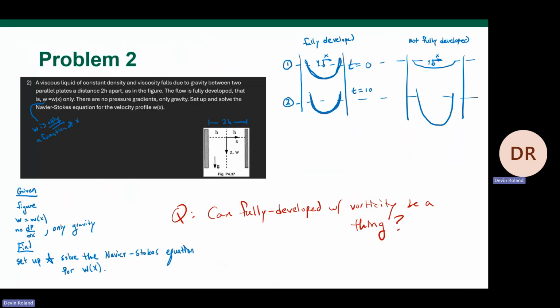Okay. So what I'm going to do is fully write out the 3 dimensions of Navier-Stokes, x, y, and z, if you're using Cartesian coordinates.